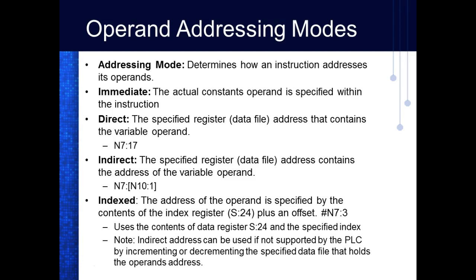So we specify index addressing by the hashtag N7:3. This takes the contents of the index register and adds what to it? 3. So the address would be whatever's in the index register, N7 plus 3.